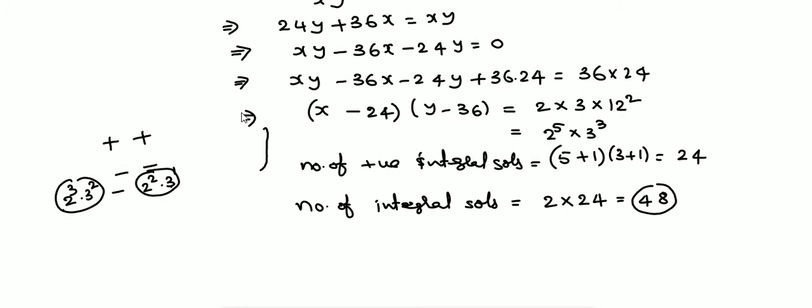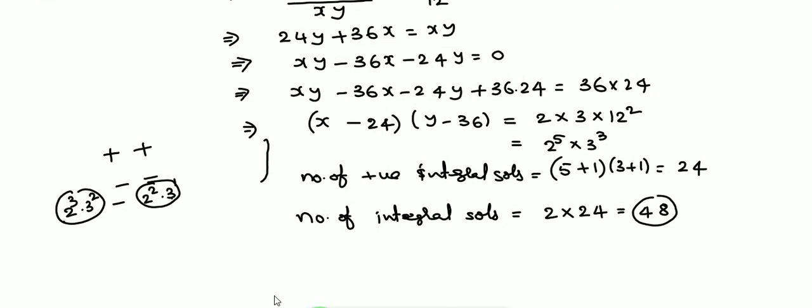But there is a limitation on x and y. Initially we observed that x and y should not be equal to 0 since they are in the denominator. So is there any possibility to get x or y equal to 0 among the 48 cases? Yes, obviously.